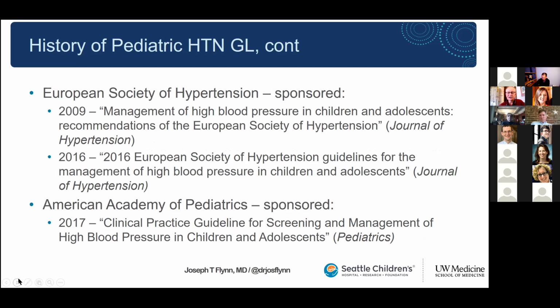And we actually started work on putting together a new pediatric guideline probably around 2012. And so we were aware of the European effort while we were working on the AAP version. And we finally published our guideline in 2017 as listed there.